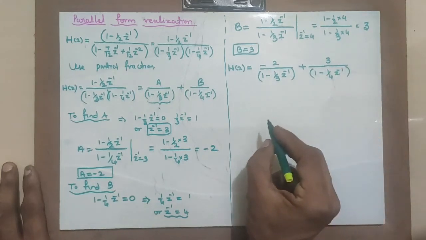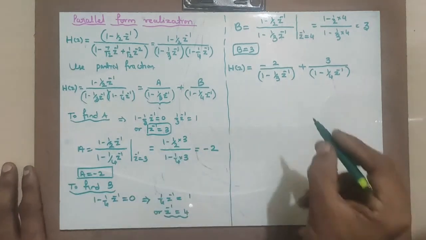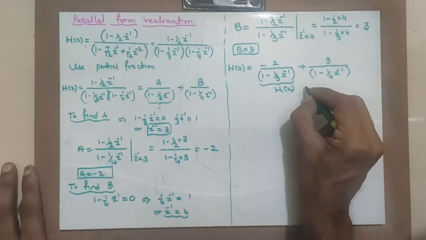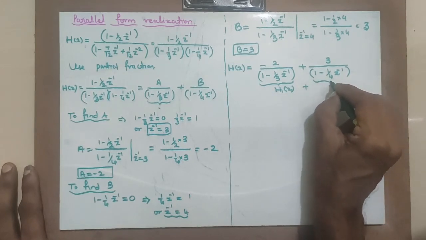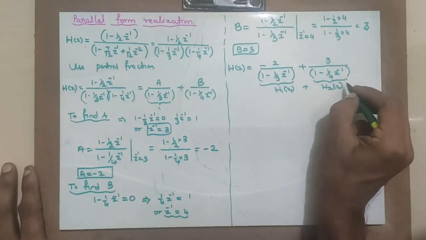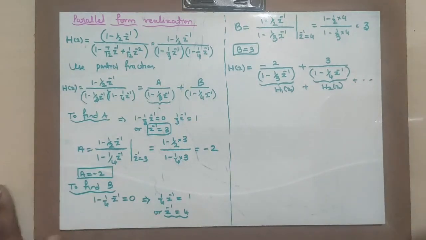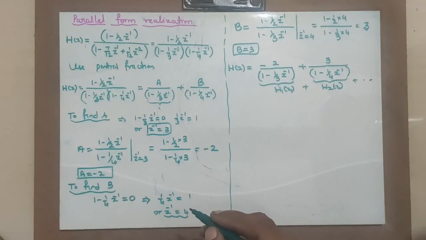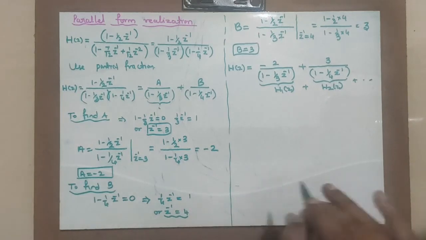That is H of z. Now it is in the form H1 of z plus H2 of z, and so on if there are more. Now you have to implement this structure. I have to implement H of z, which is in the form of H1 of z plus H2 of z.